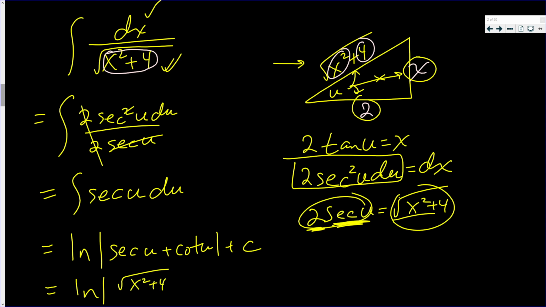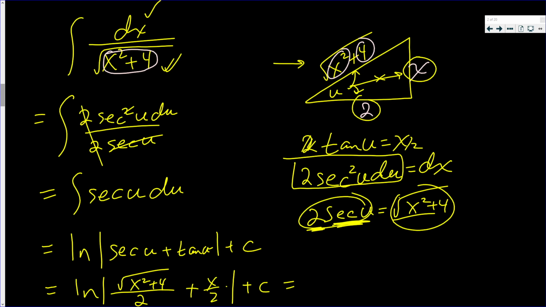Square root of x squared plus 4 over 2 plus, that should be plus tangent u, which is x over 2, plus c.